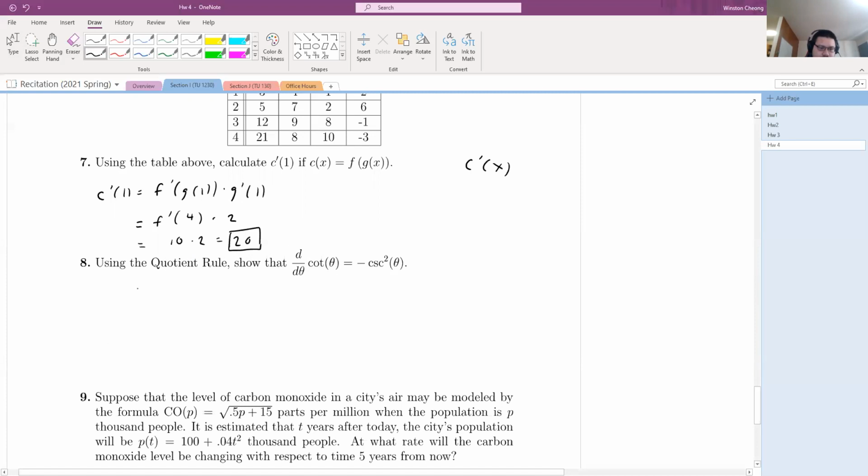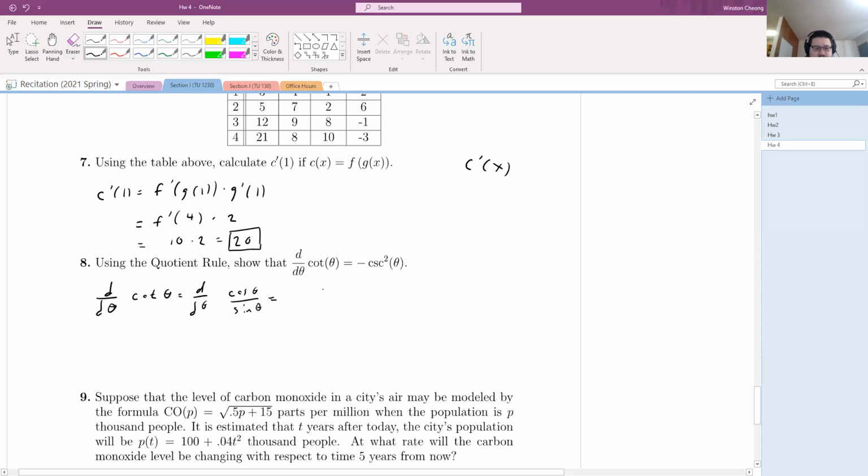You first rewrite cotangent as being the ratio that it is. So the derivative with respect to theta of cotangent theta is the derivative of cosine over sine, which is exactly why you can think of this as a quotient rule.